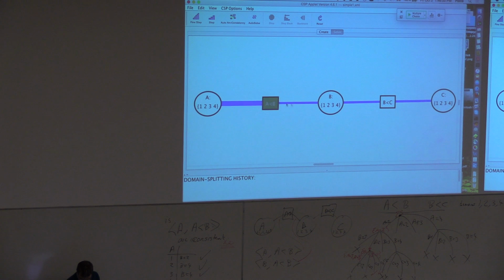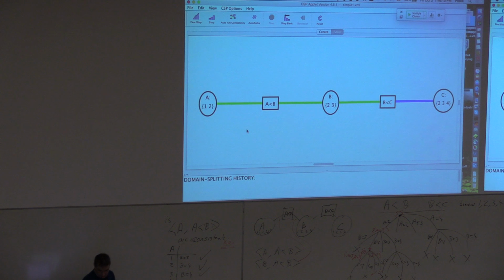Right, if you look at this one, it doesn't solve the problem. It doesn't always solve the problem, but it simplifies it a great deal. And we're going for time here.